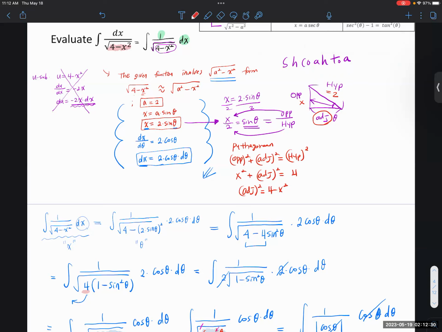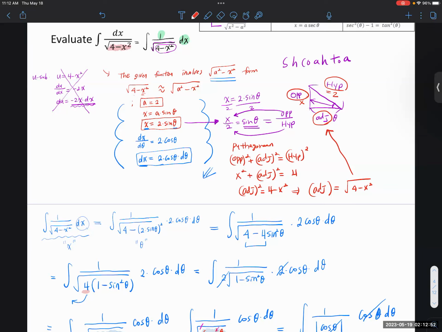So here we can finish up. Adjacent is going to be the square root of 4 minus x squared, because you put the radical to solve for adjacent. So by looking at SOHCAHTOA, you can find out the hypotenuse, the opposite, and the adjacent in terms of the x variable.